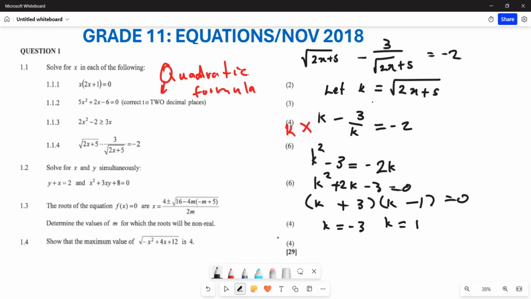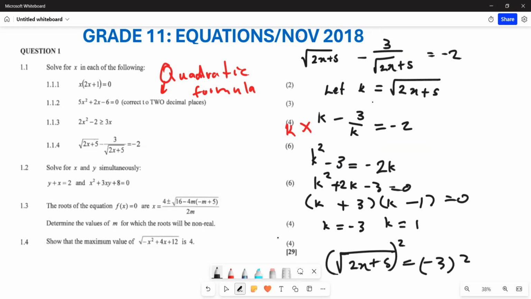So we're going to go back here and say, where there is k, now we write -3. This means root of 2x plus 5 is equal to -3. As soon as you have your radical root, you're going to square this side and square this side.